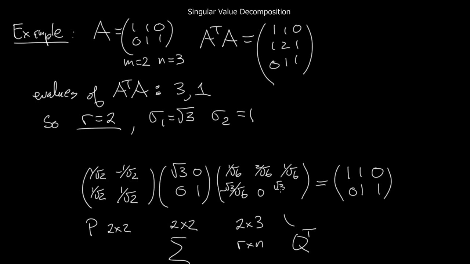Okay, so this matrix P, this 2 by 2 matrix P, has orthonormal columns, and that's here. And then the assertion is that Q has orthonormal rows.